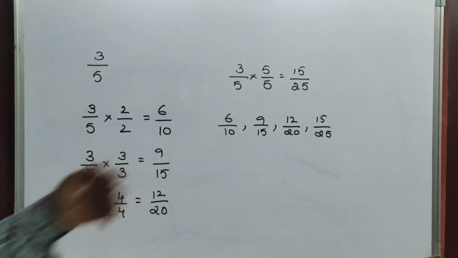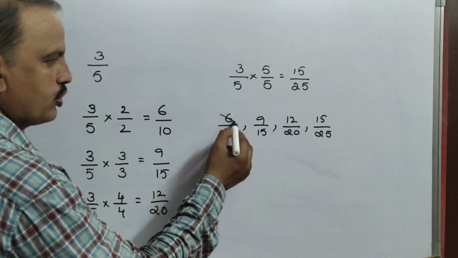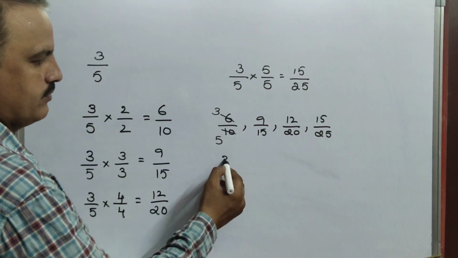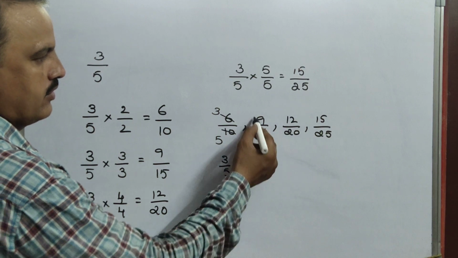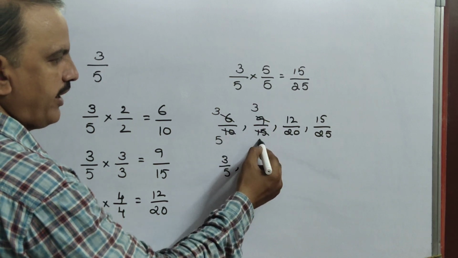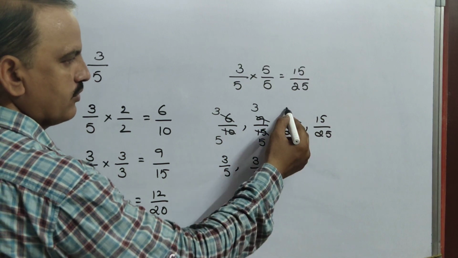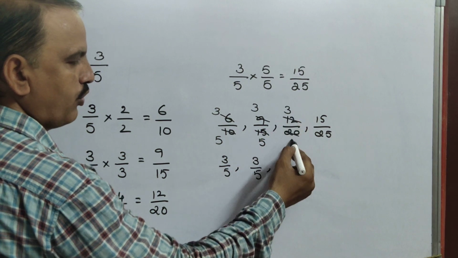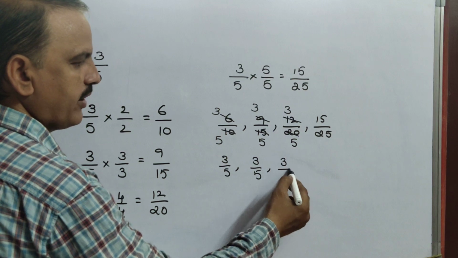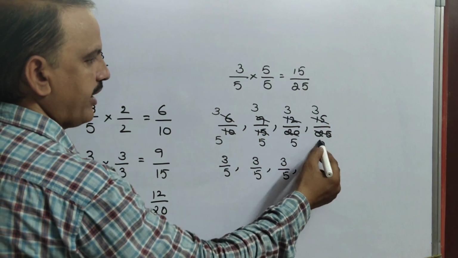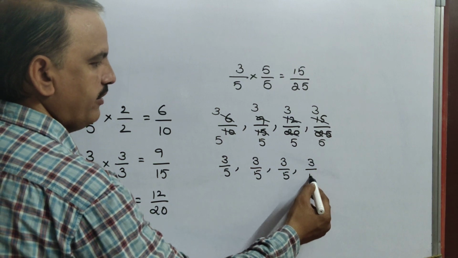If you do cancellation, see here, 2 3s, 2 5s, you get 3 by 5. 3 3s, 3 5s, you get 3 by 5. 4 3s, 4 5s, so you get 3 by 5. Next, 5 3s, 5 5s, so you get 3 by 5.